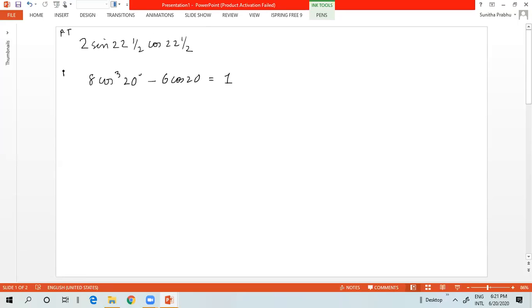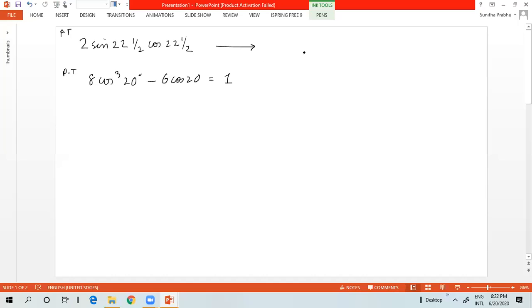Okay. This is easy, no? How do we do this, Neha? So it will be 2 sine theta cos theta. So do we have to use one of the identities and then substitute the half? Hey, you already know this. Sine 22.5 cos 22.5 times 2 is sine 45.